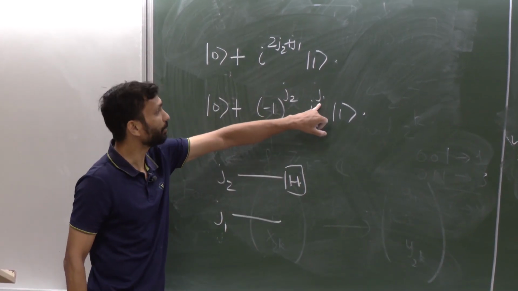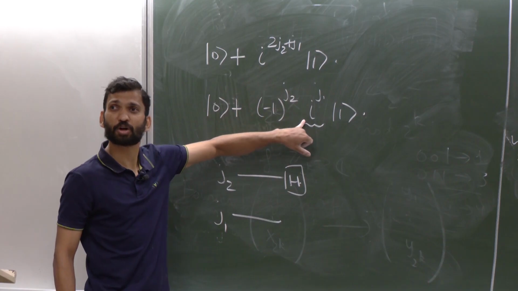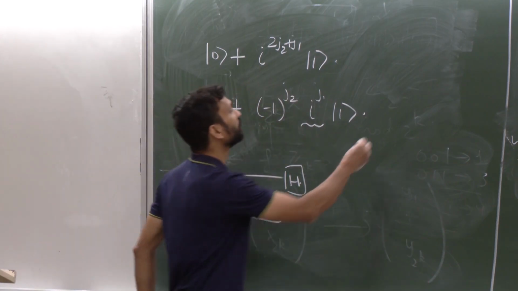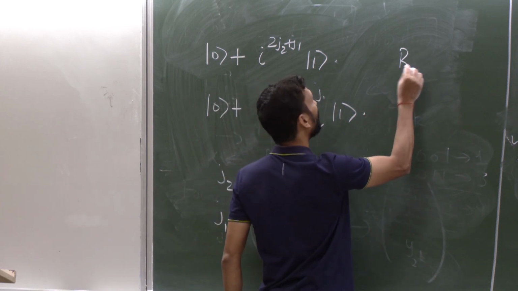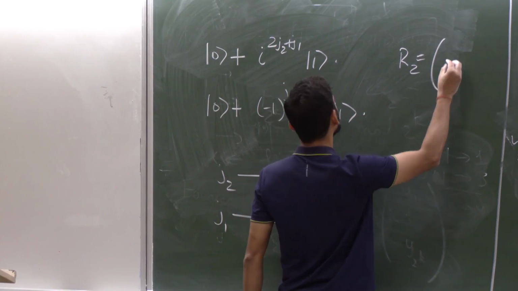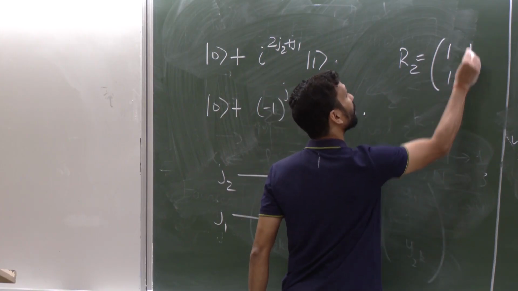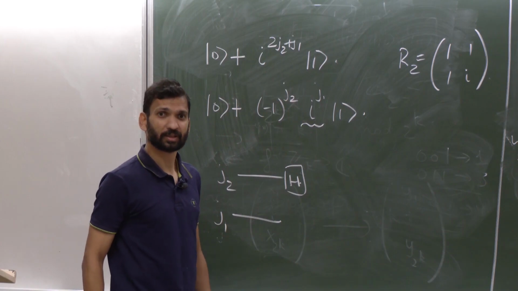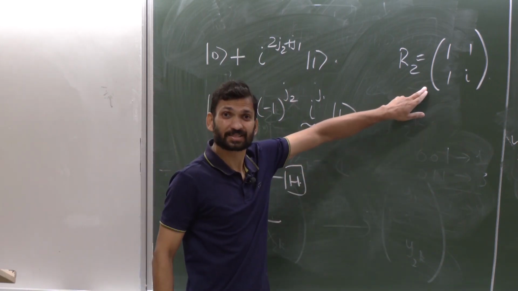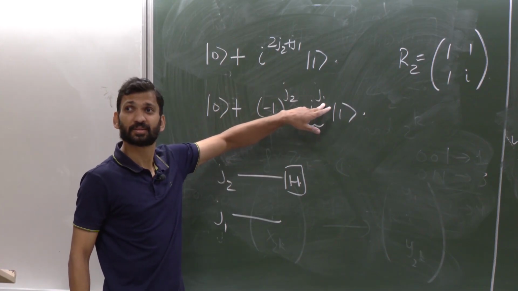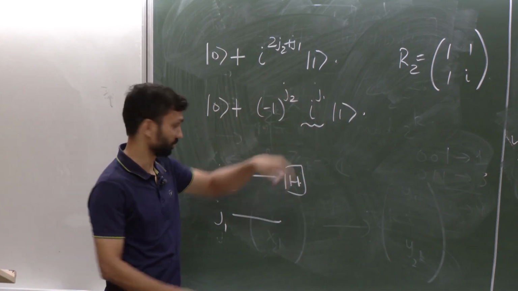This is saying, depending on J1, put a phase of i, right? Look at this matrix, R, I don't know what I want to call it, R2, with i. Correct? I want to apply this only if J1 is 1.